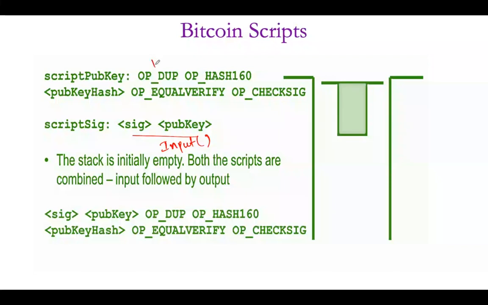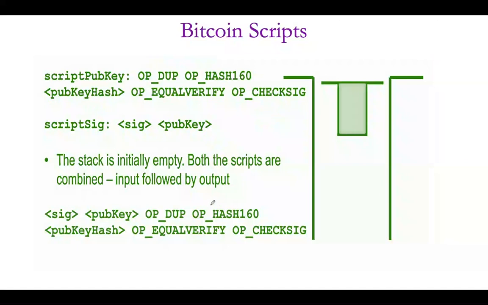In the output, the first operation is OP_DUP, the second is the hash, the third pushes the hash into your stack. The next step is verifying that the equal values are there or not, fourth, and then the fifth, you will get the check. In that way, the creator will follow this.